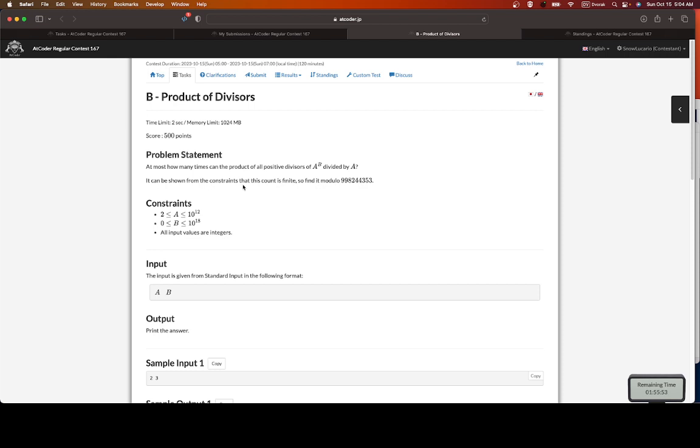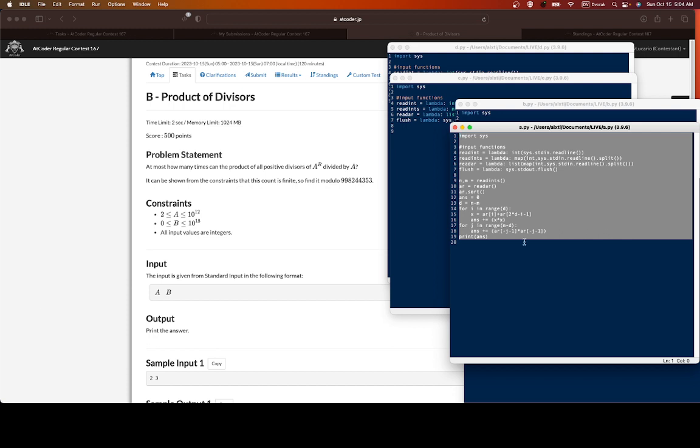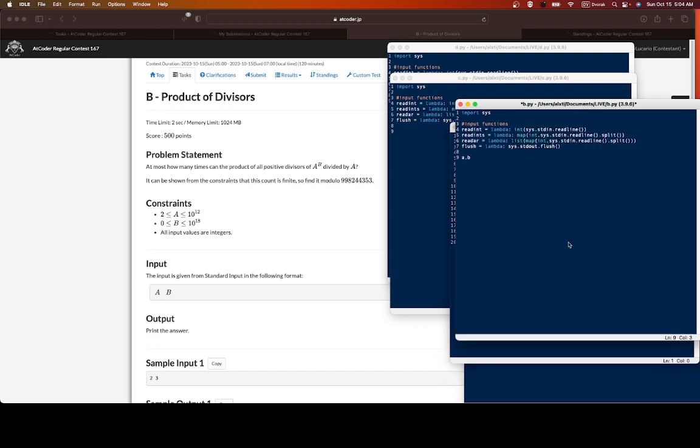How many times can the product of all positive divisors of a to the b be divided by a? It's the product of all positive divisors.